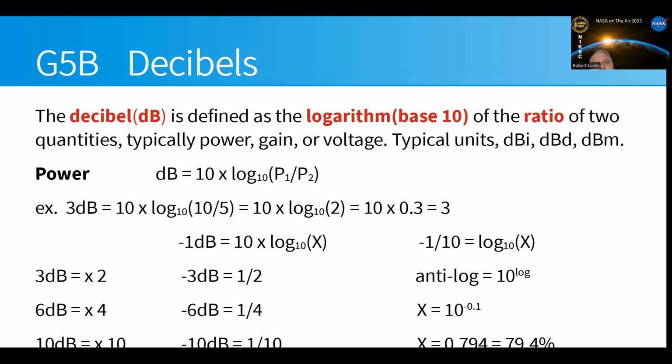So the way you figure that out, you kind of have to do the anti-log. You know that minus 1 dB is equal to 10 times the log of something. So it's going to be minus 1/10 of the log of something.